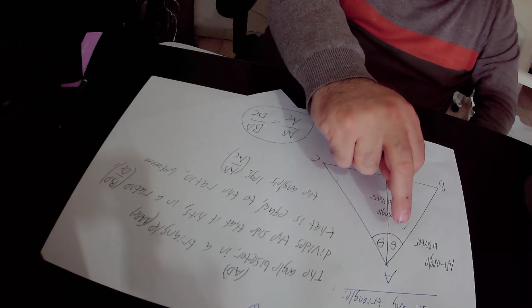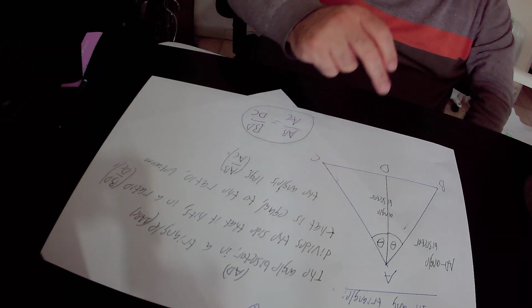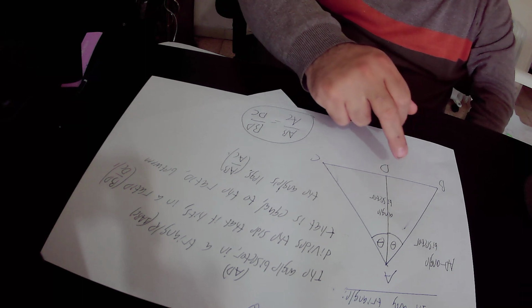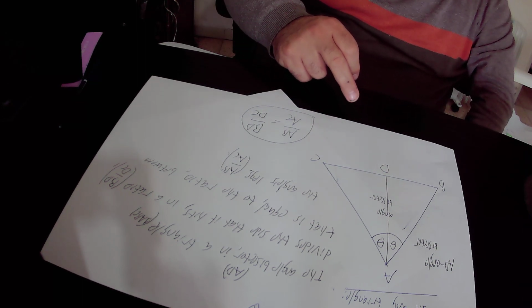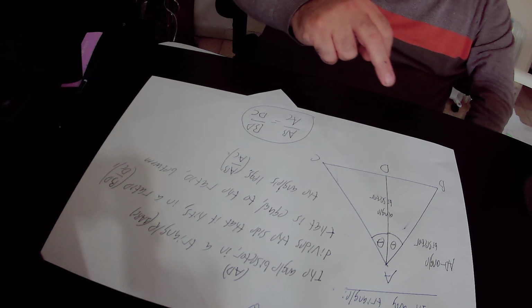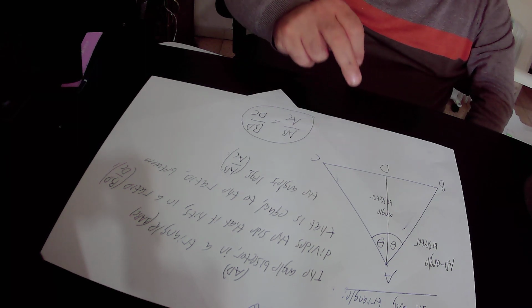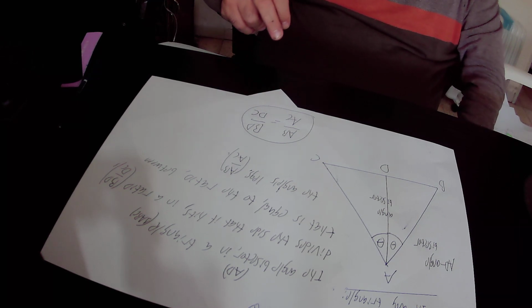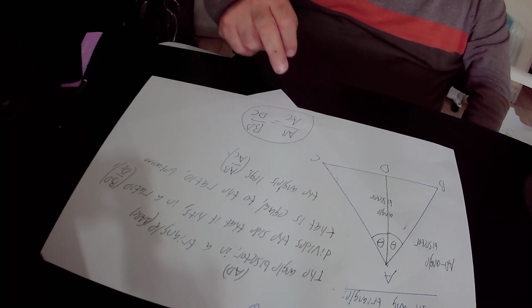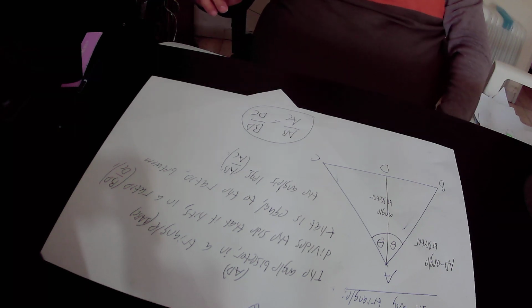The first leg is AB and the second leg is AC. And the ratio between those two legs is AB over AC. And that ratio, AB over AC, equals the ratio in which angle bisector AD divides side BC, that is, BD over DC. So in conclusion, AB over AC equals BD over DC.